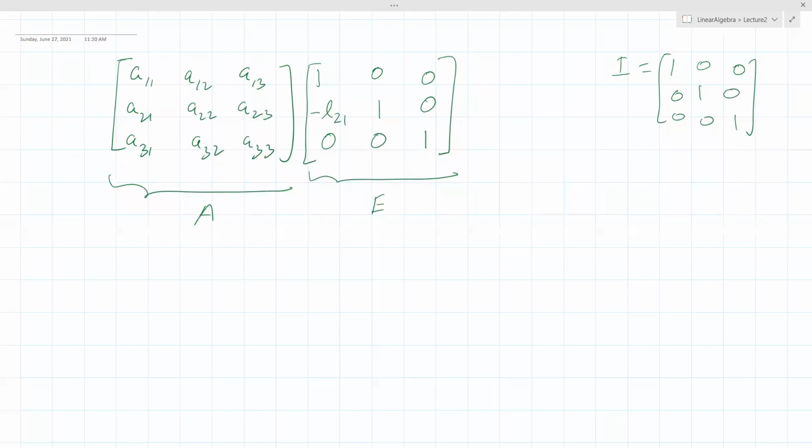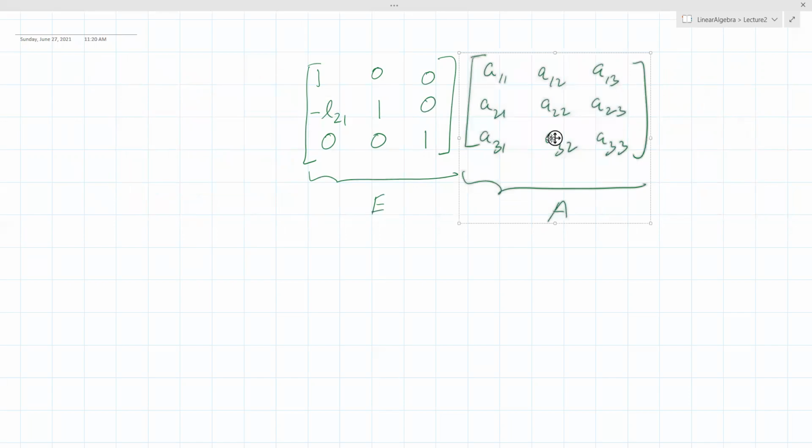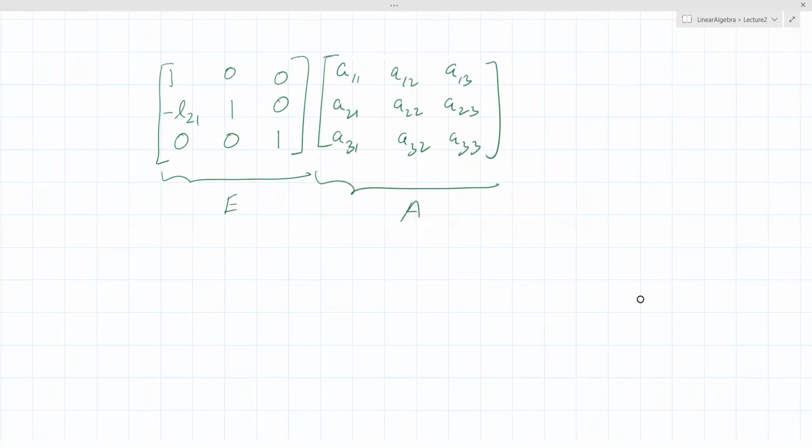It should be E times A instead of A times E. So let me erase this, and select this and move it here. Okay, so now let us look at this situation.